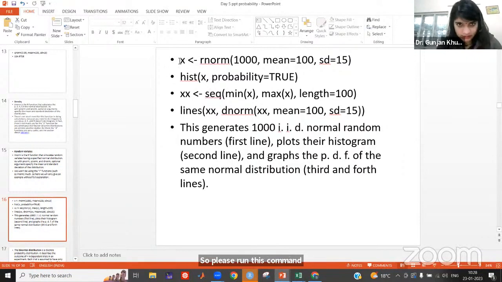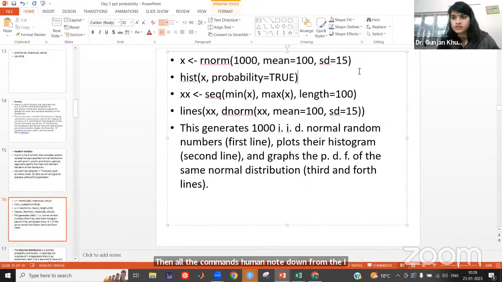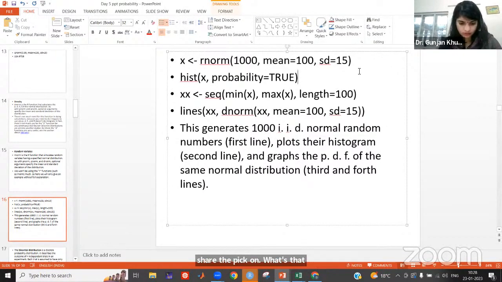Run all the commands. I can share the pic on WhatsApp, because you don't need to switch then.